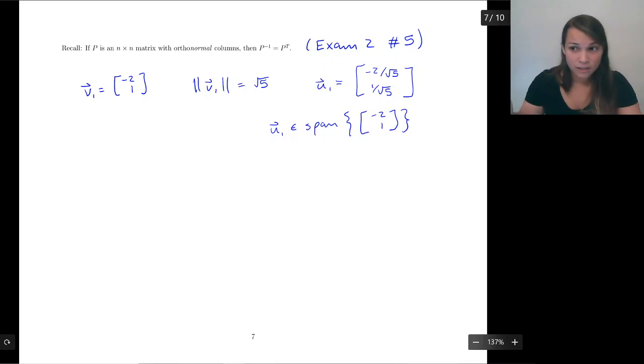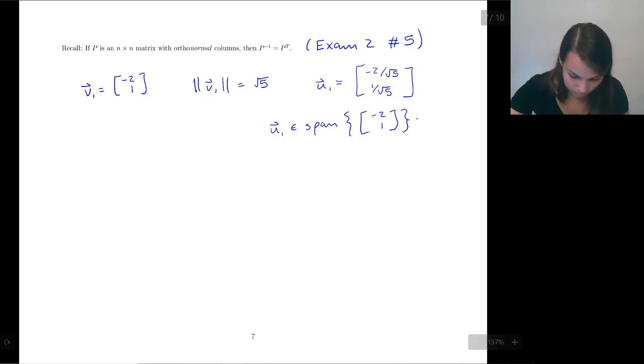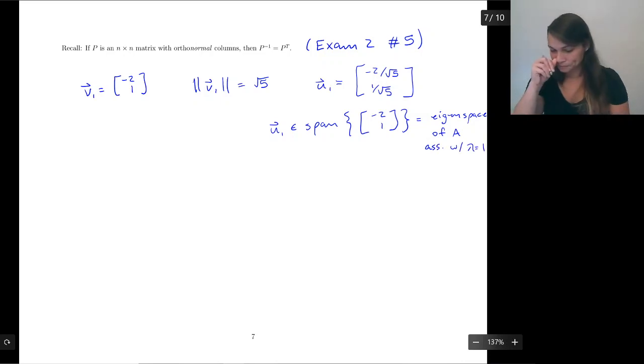And as long as you're picking a vector from your eigenspace, this is our eigenspace of A associated with lambda equals 1.